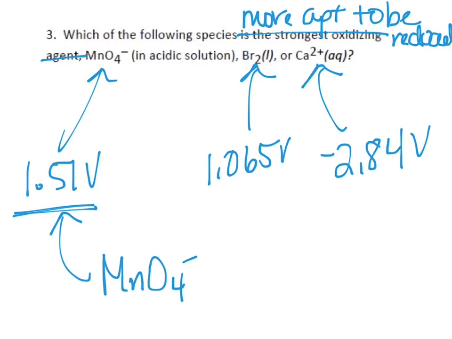The biggest positive is the more likely it's going to gain electrons. What do these numbers mean exactly? It's the potential to get more electrons, that's it, right? Yes. So high potential means it's more likely to get electrons? The higher your number, the more likely you are to be reduced, which means the more likely you are to gain electrons.